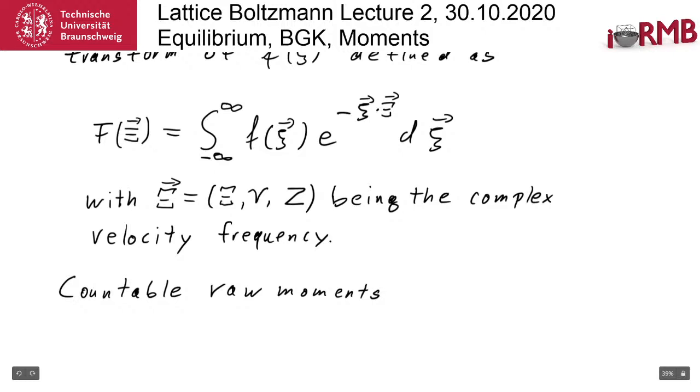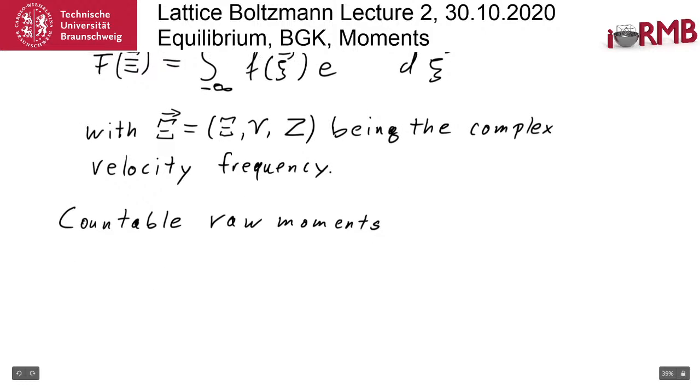I will explain why this is countable. So what I call M, A, B, C, with A, B, C integer.